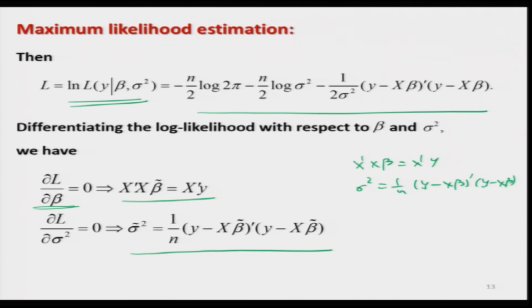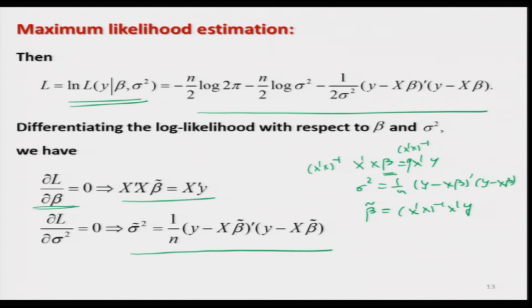Now, you cannot know the value directly. So, what we try to do here is pre-multiply on both the sides of this normal equation by x transpose x whole inverse, and we obtain the value of beta as x transpose x whole inverse x transpose y, and we indicate it by beta tilde.